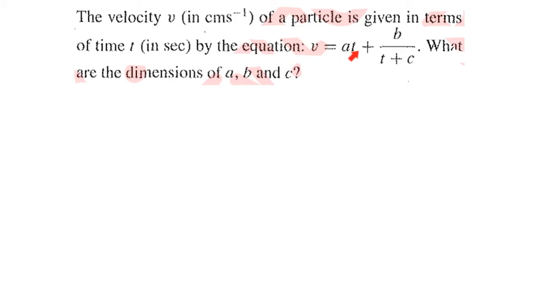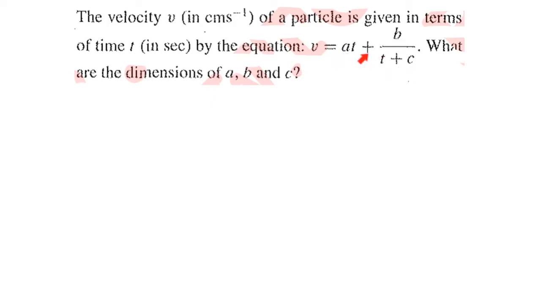It means velocity plus velocity will give you velocity. And class, length plus length will give you what? Length. Speed plus speed will give you what? Speed. Force plus force will give you what? Force. So AT is velocity, B upon T plus C is velocity.